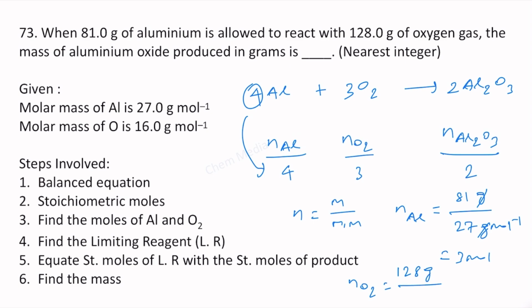Molar mass of O2 is 32 gram per mole. Here they have given the atomic mass of oxygen, therefore for O2 you have to multiply by 2 because we have 2 oxygen atoms. Therefore, this is 32 gram per mole, and this will be 4 moles.